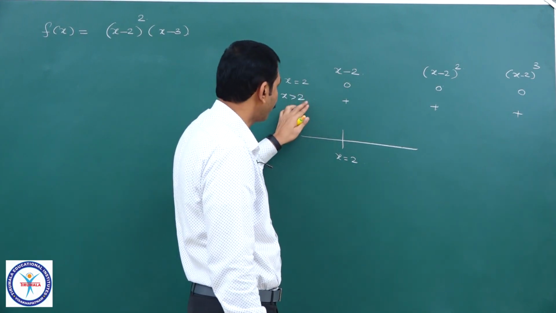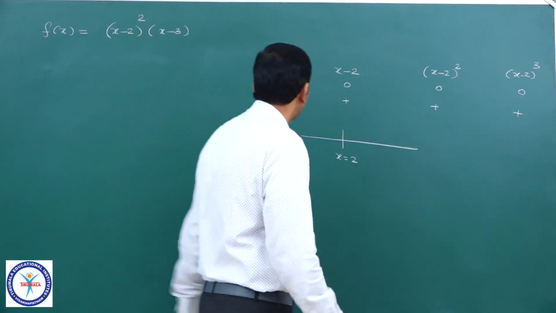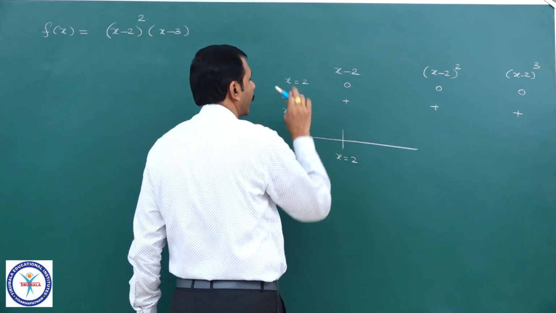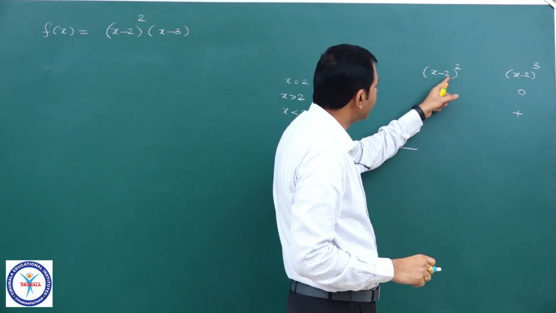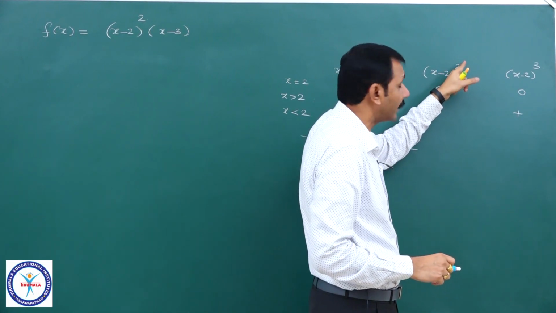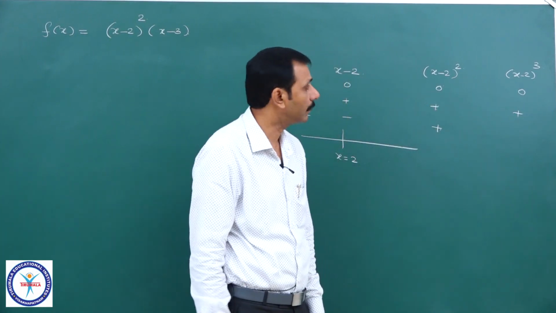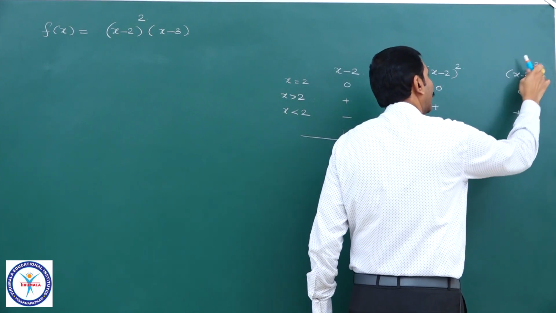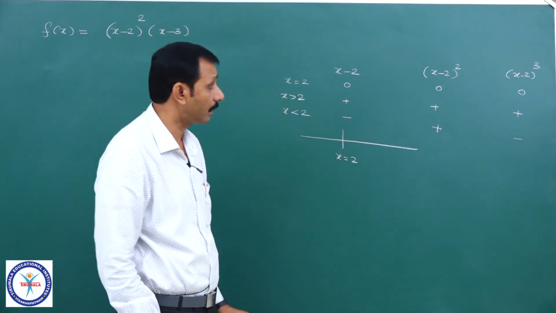Because suppose if I take 5 minus 2, 5 minus 2 whole square, 5 minus 2 whole cube. If I take x less than 2, suppose I take 1, it is negative. If I take less than 2, this is negative only, but power of this is 2, it will become plus. And here whole power 3, negative whole power 3 means it is a negative only. Observe this.